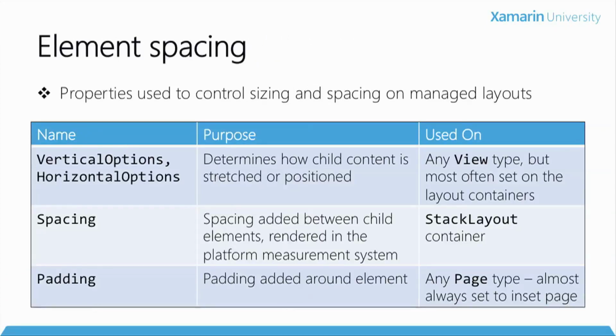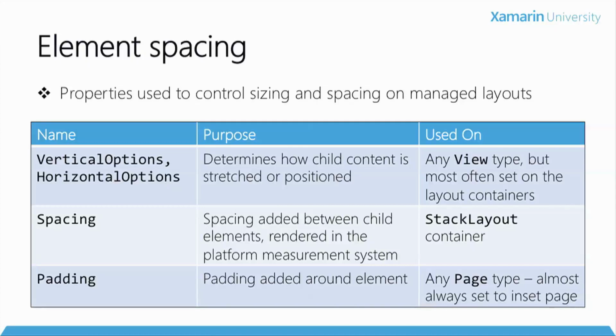Now, what about spacing? If we just add child elements into a stack layout, they will probably be stacked on top of each other. So we want to provide some spacing between them. And we have different options here. One thing that is important, child elements cannot set their size directly.